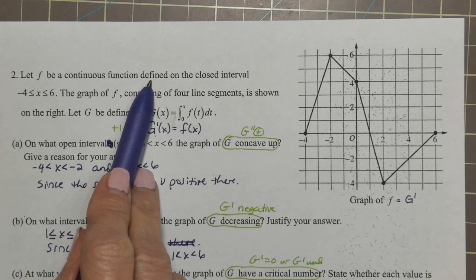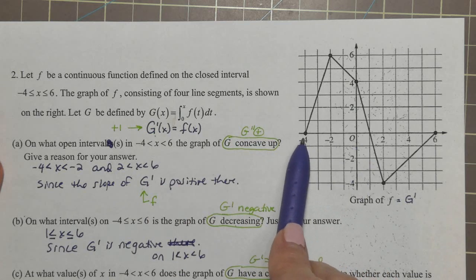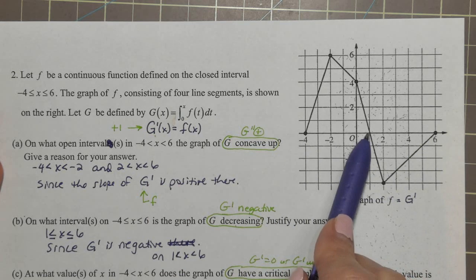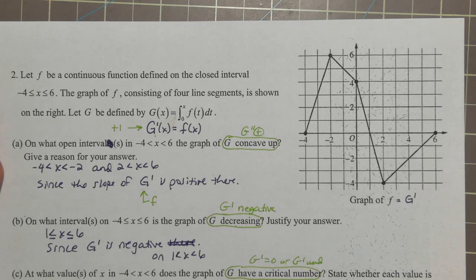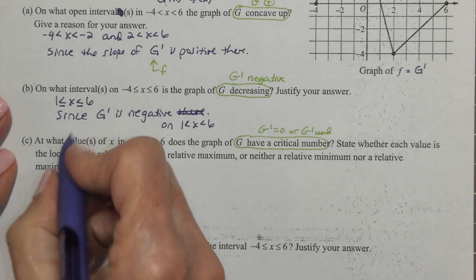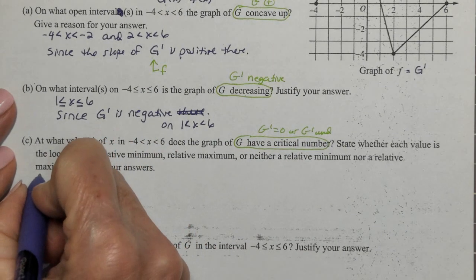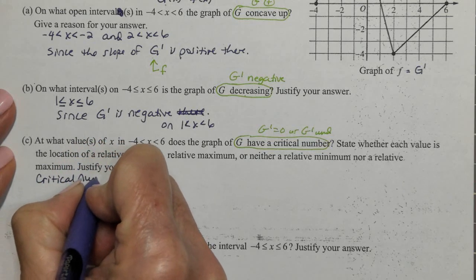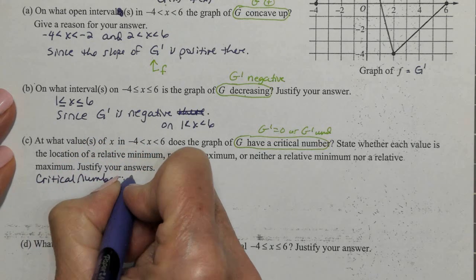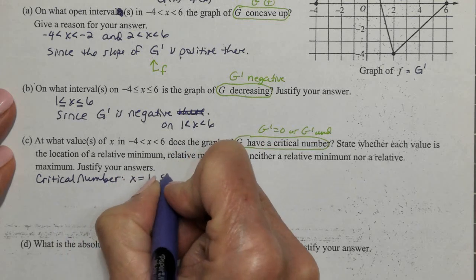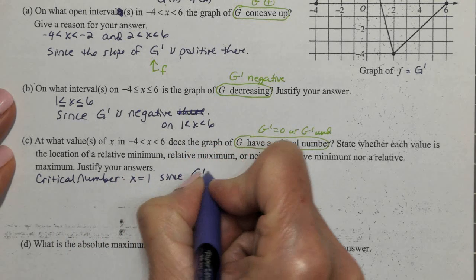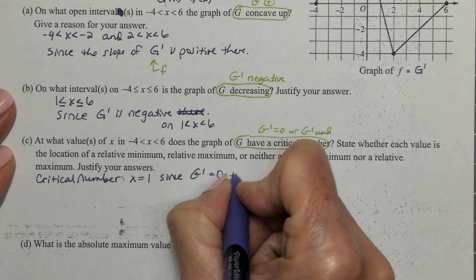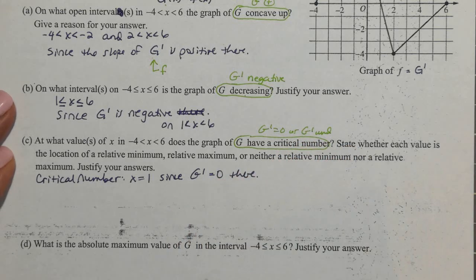So g prime is never undefined, but it is 0. Between -4 and 6, where we're asked to find, it is 0 at x is equal to 1. So critical number is x is equal to 1 since g prime equals 0 there. I could have said f equals 0 there.